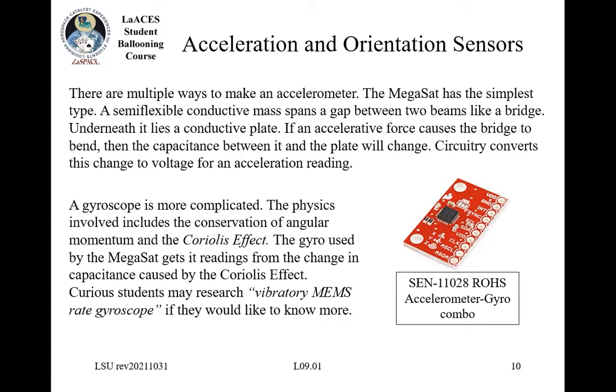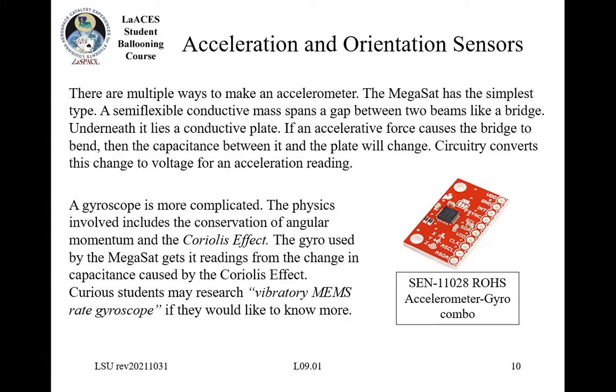And so basically you have to have this little test mass connected to 3 different axes, or have 3 different little test masses. And as it gets accelerated in a particular direction, you cause a change in voltage. In addition to the accelerometer, these devices have a gyroscope.